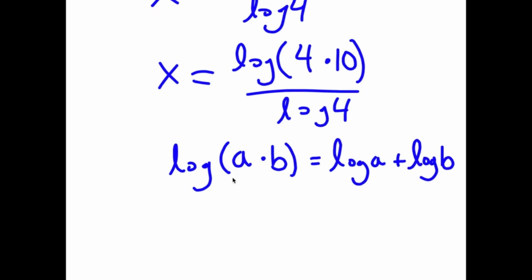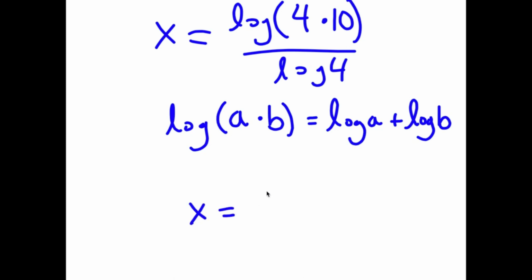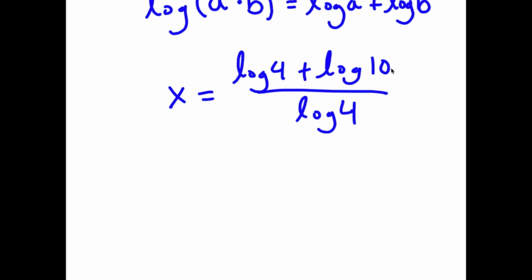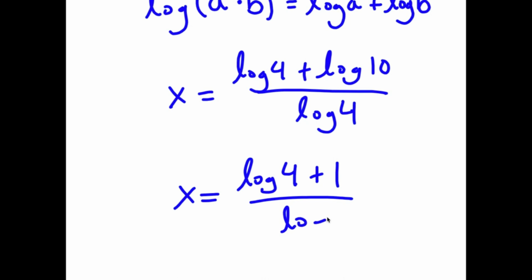So log 4 times 10 is going to equal log of 4 plus log of 10, over log 4. And if you already know, log 10 is actually equal to 1. So I have x is equal to log 4 plus 1 over log 4.